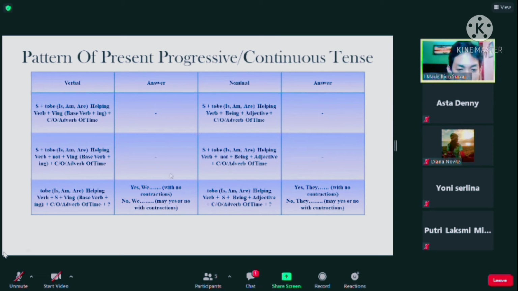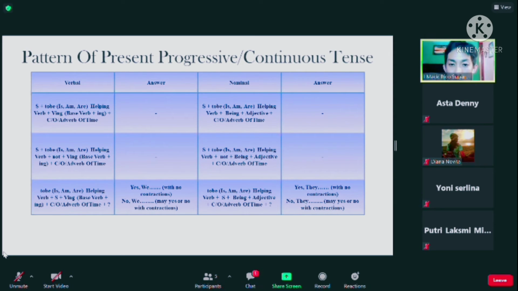For the answer, you can say yes, I am. No, I am not. But remember, in the yes answer, you cannot use contraction, or squeeze the words between the subject and the helping verb. If you do that, it will be totally wrong. You are only allowed to do that in the no answer. So that's the verbal.